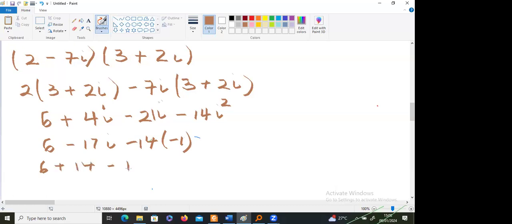Then we shall take away 17i. So this will give us 20 minus 17i. So those of you who got something different, I want to think that you are with us now.